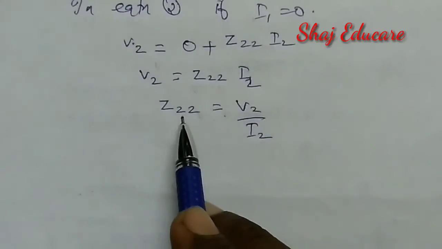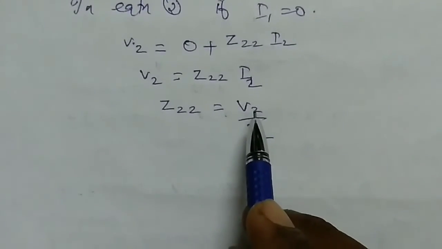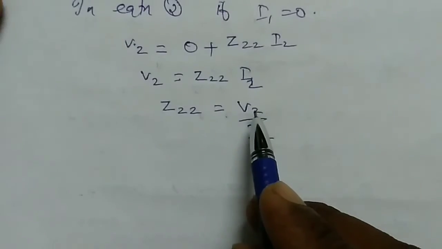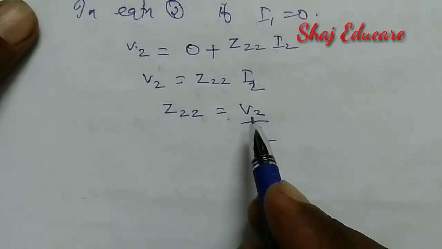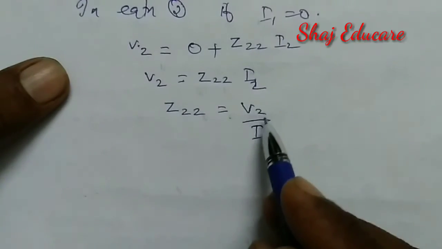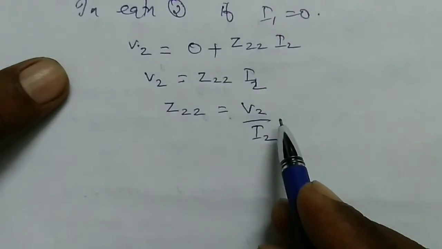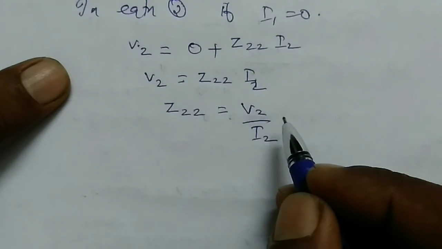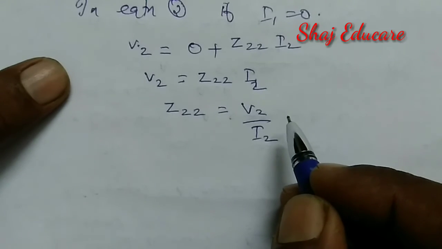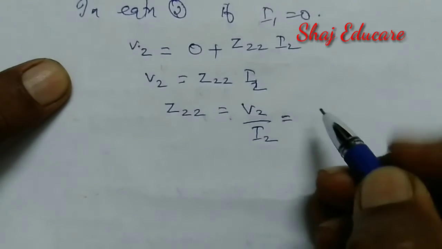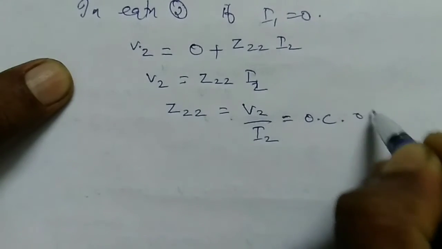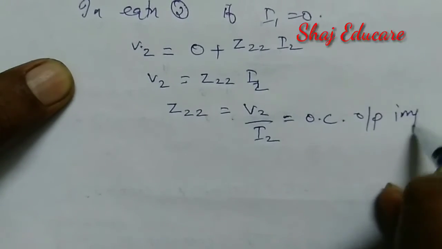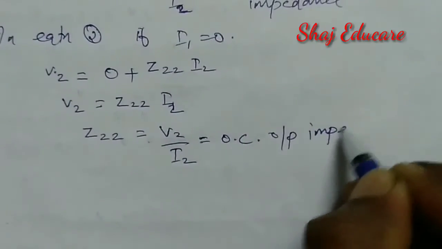So Z22 is simply the ratio between output voltage and output current. This is basically known as output impedance. Specifically, we can call it the open circuit output impedance parameter.